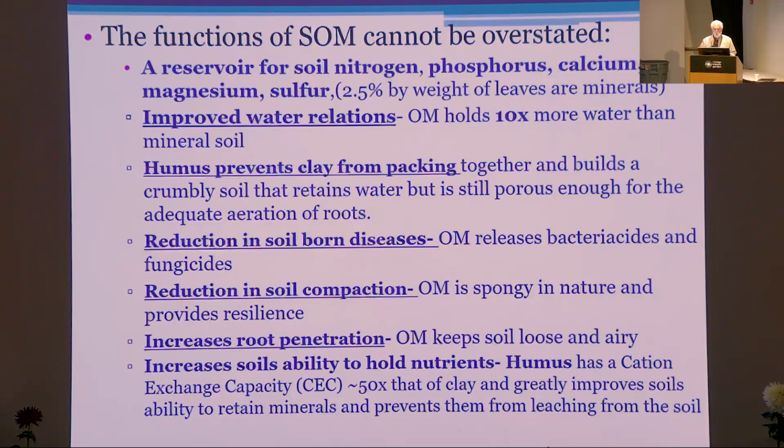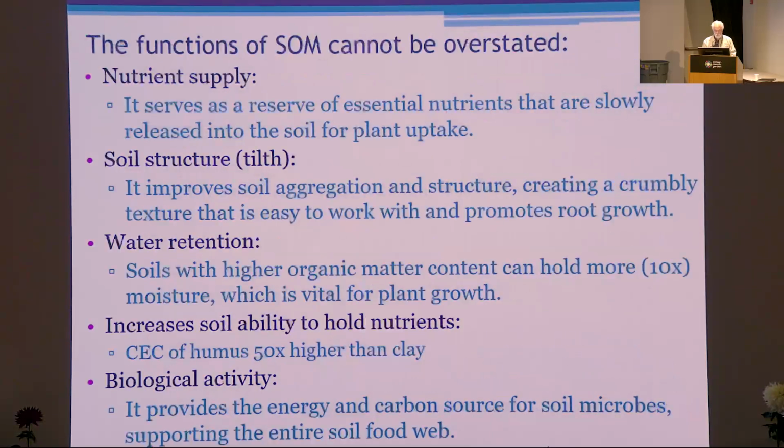And humus, as you will see, also has an extremely high, actually 50 times higher than clay particles, what is known as cation exchange capacity, the ability to hang on to these minerals. And we'll talk more about that in a minute. So soil organic matter is something that you should always pay attention to in your dahlia gardens.